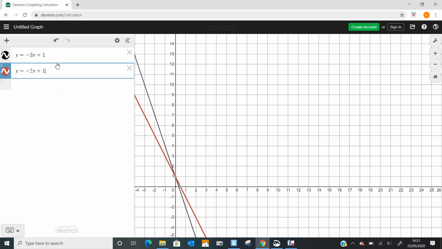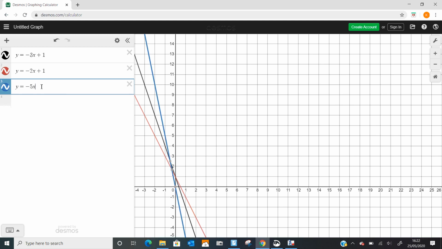So what if I went for y is equal to, how about something like minus 5x plus 1. Minus 5x would give me quite a steep gradient.